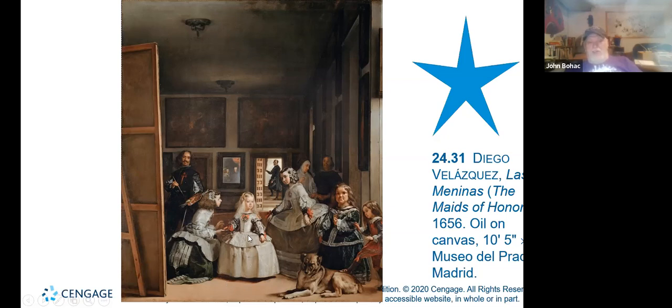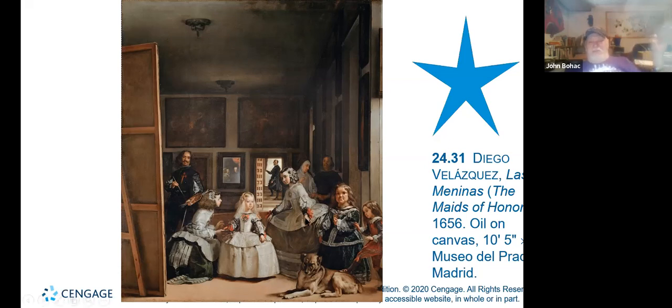And this is the princess and her attendants and the family pet and the nun and the king. But see, there's a kind of a weird thing going on here because the space is such that we could be looking at a mirror and all of these people are looking at the mirror and all of this could be in the foreground.